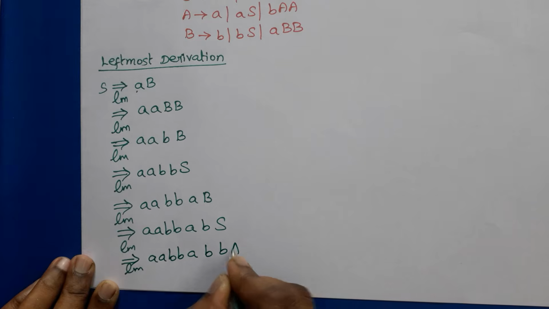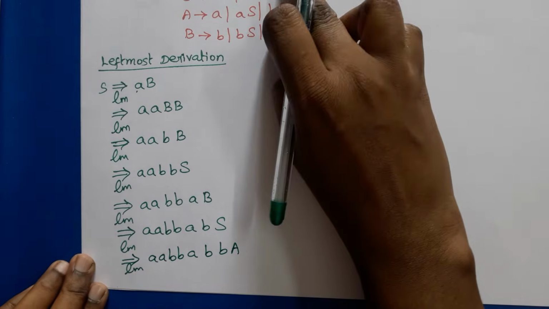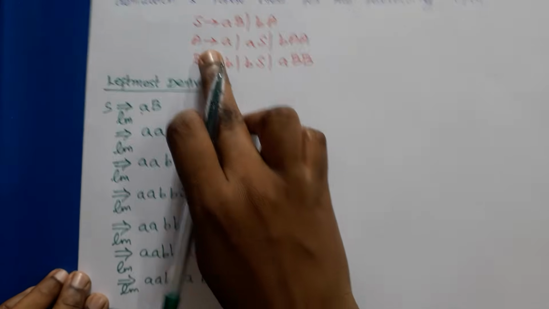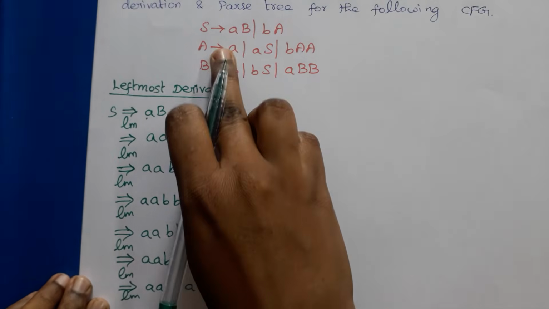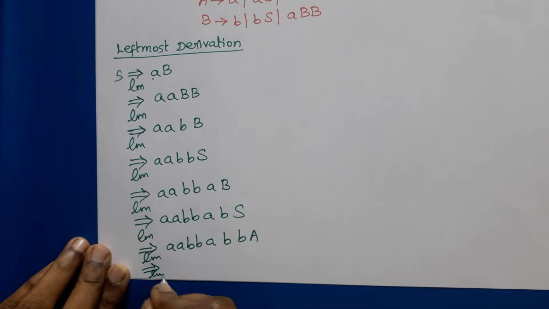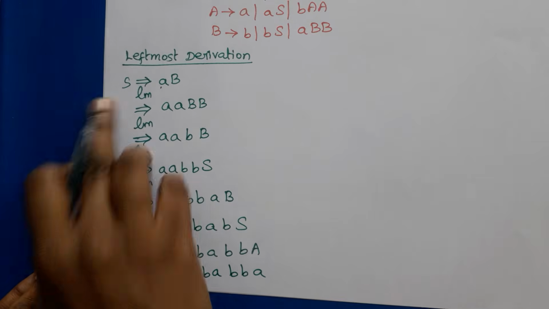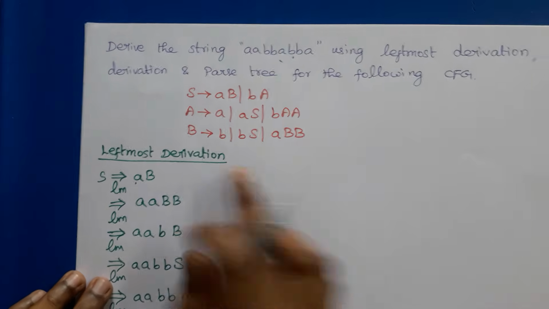And now we need A as the last symbol. So this variable A is the leftmost variable. So this must be replaced by a. So we have derived this string from the start symbol of the grammar using leftmost derivation.